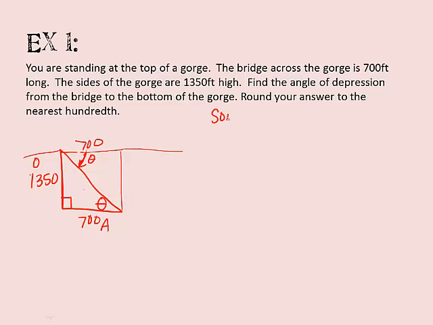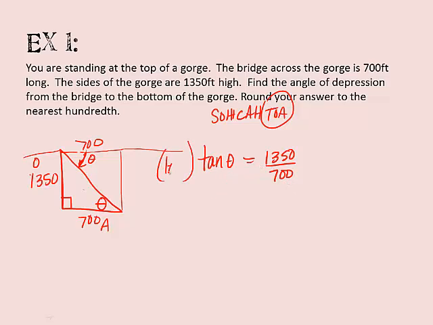So if you remember SOHCAHTOA, which ratio uses opposite and adjacent? Well, that's the tangent ratio. So what I'm going to say is the tangent of theta, that's the unknown angle, equals the opposite side over the adjacent side. And then I'm going to use the inverse tangent function. All right.